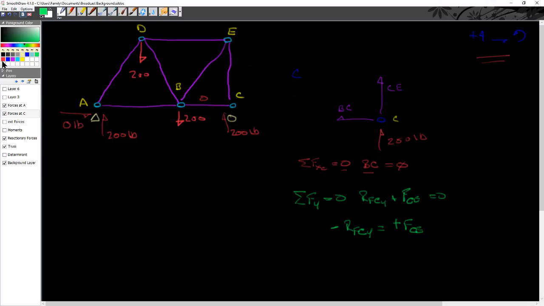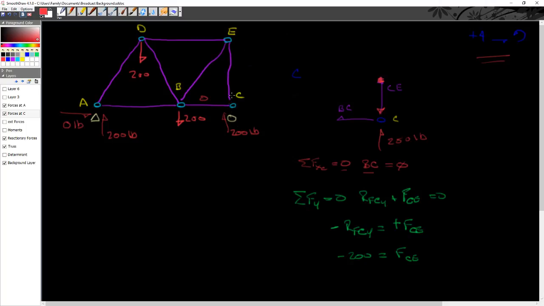So I can substitute these in, and I'll do this now here. So minus 200 equals FCE. And that just means that that force is actually going down, not up. It's going down.